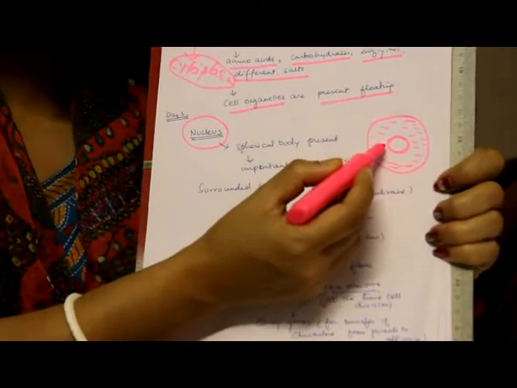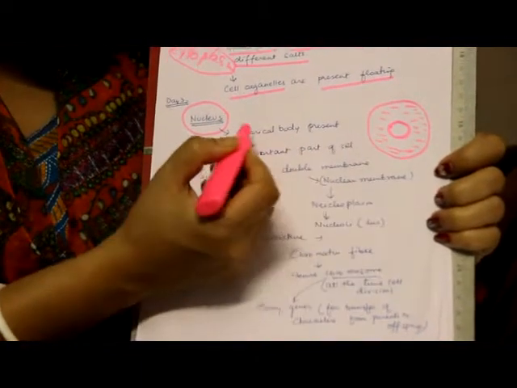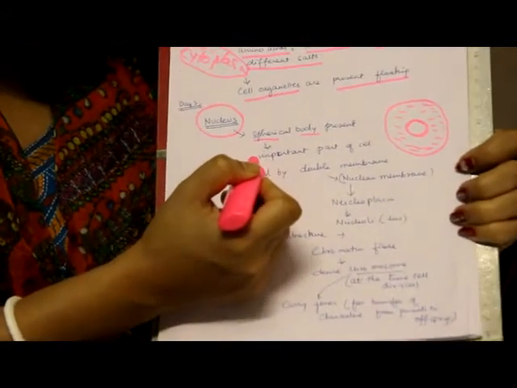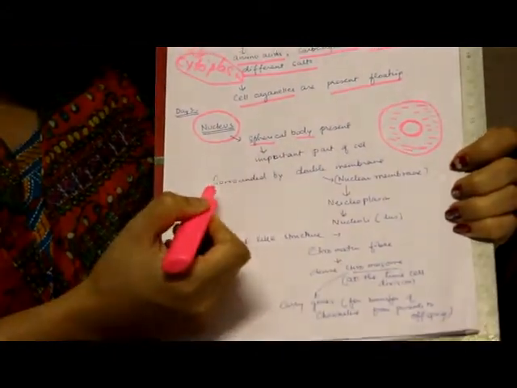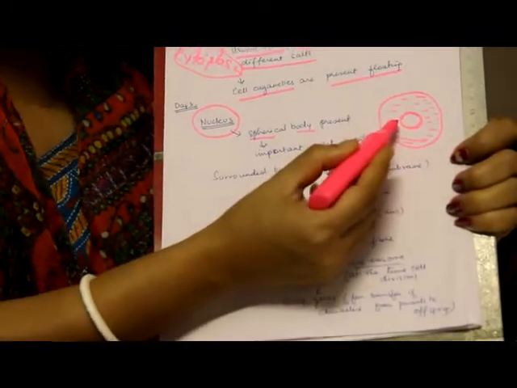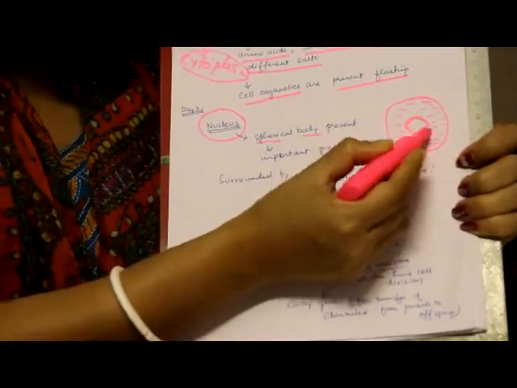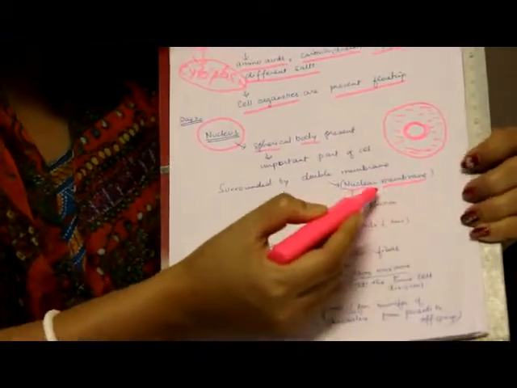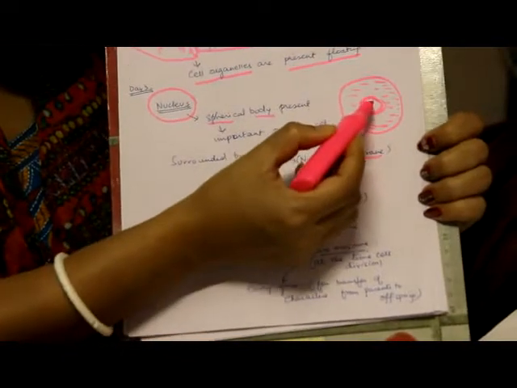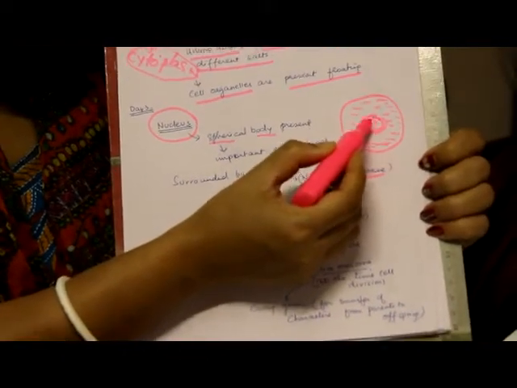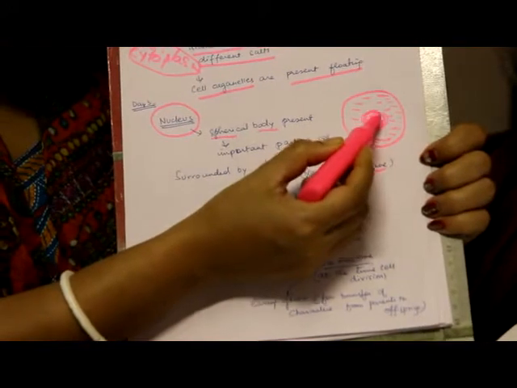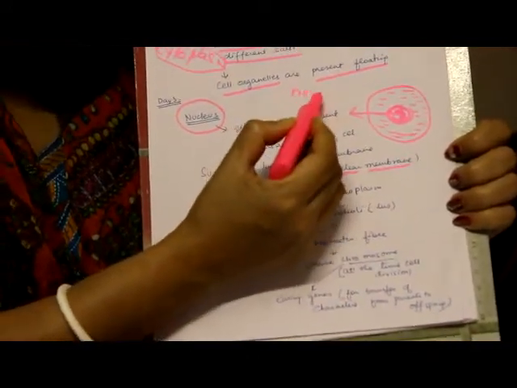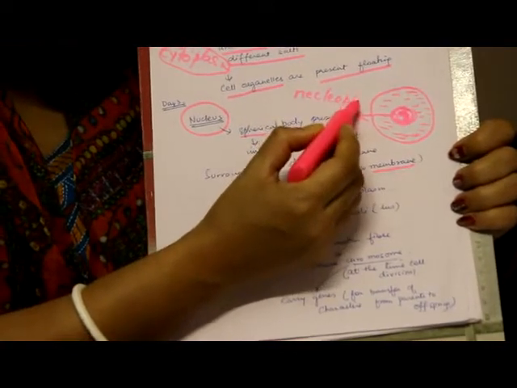It is centrally located, a spherical body, and a very important part of the cell. The nucleus is surrounded by a double membrane which we call the nuclear membrane. It is not a cell membrane, it is a nuclear membrane. Inside it is a different type of liquid, and its name is nucleoplasm.